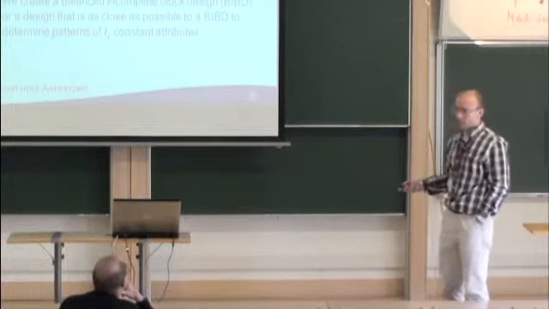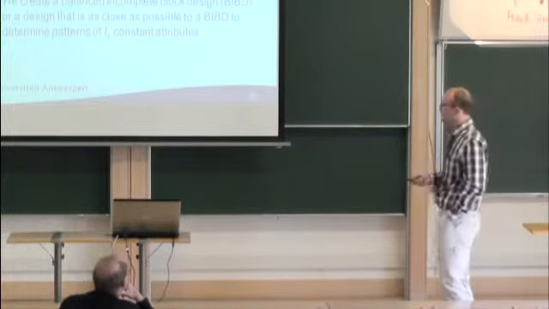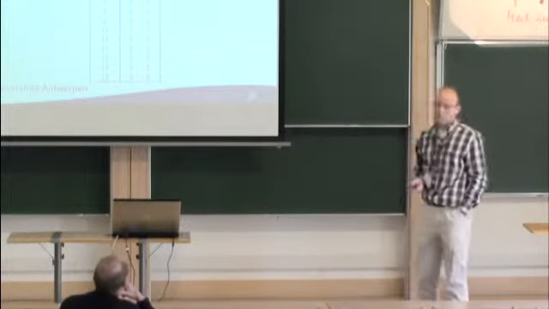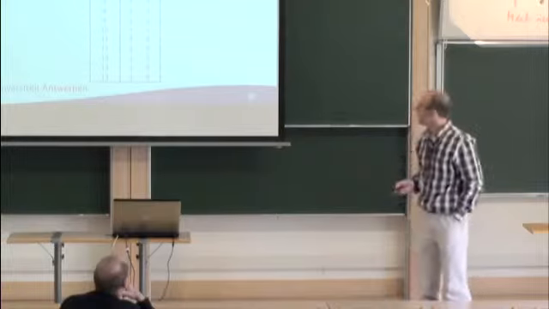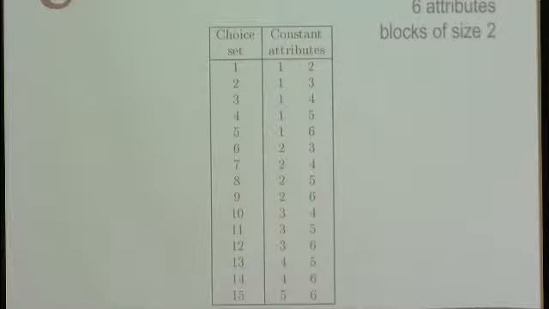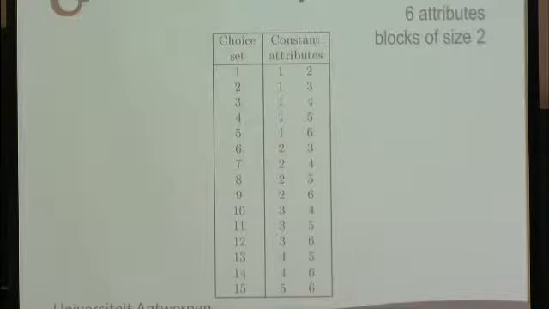Now here is a balanced incomplete block design. This is a balanced incomplete block design involving 15 different blocks of size 2. And in these blocks you can find the integers from 1 to 6.